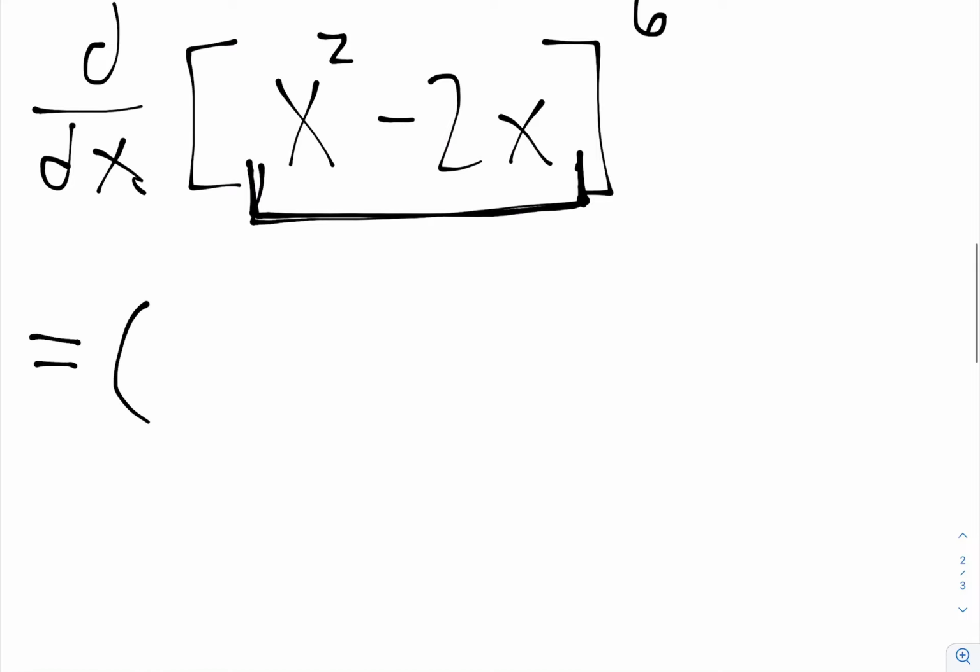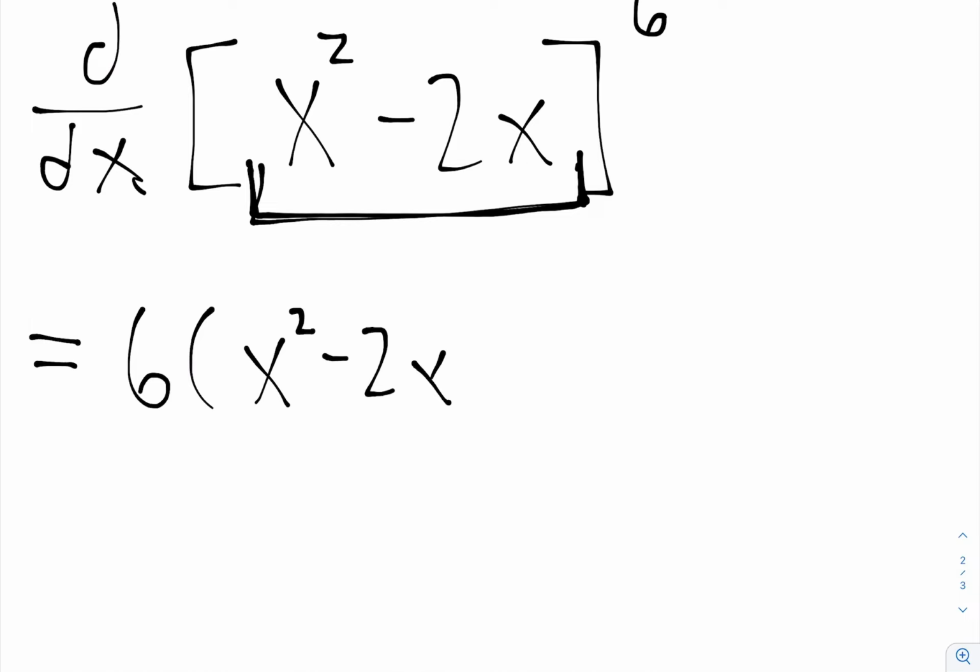Our inside is still x squared minus 2x, except now we brought the 6 out to the front, so it's going to be 6 times your entire inside, and now we lower the exponent by 1, so it's going to be 5 now. Except we're not done, because we still have to multiply by the derivative of the inside. That's what the chain rule is doing. So we have to multiply by 2x minus 2.